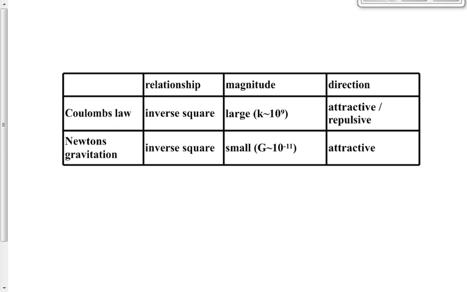This is just a quick little comparison of Coulomb's law with Newton's law of gravitation that we learned in Physics 20. They're both inverse square relationships because they both have the force related to the inverse of the square of the distance that separates the two objects, whether they be masses or charges. Magnitude? Well, Coulomb's law is a really big force.